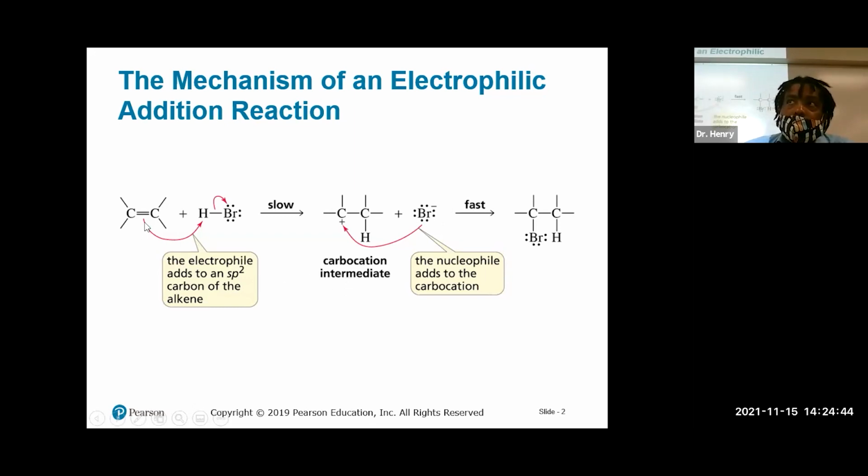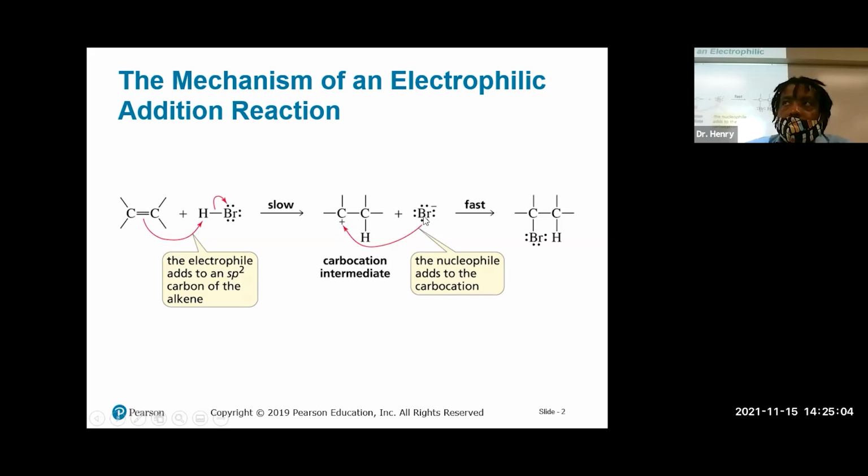So again, the electrophile causes the hydrogen to attach to the carbon, breaking that double bond. Then forming the cation.